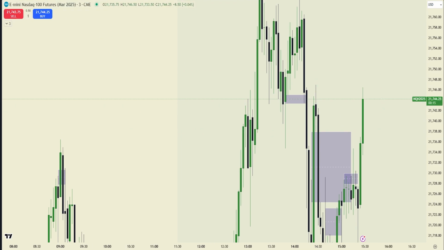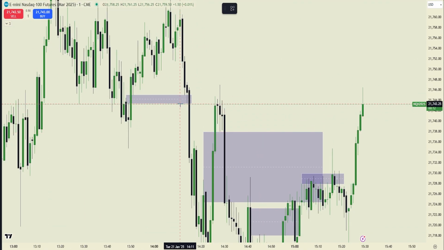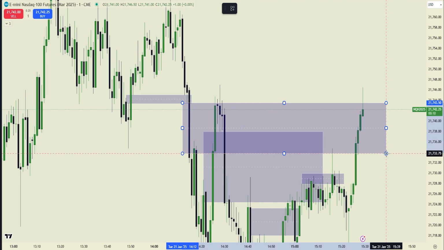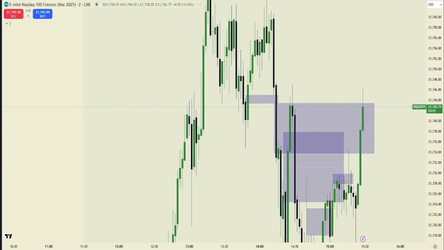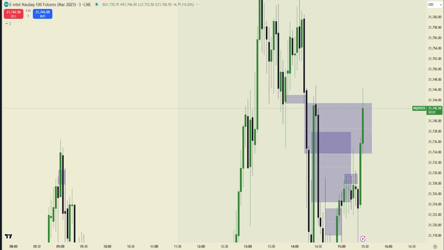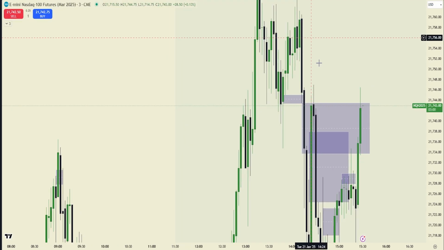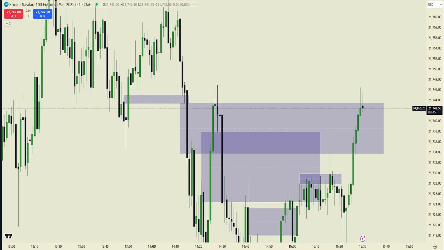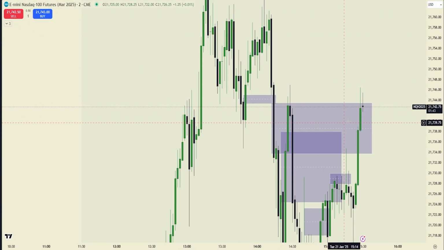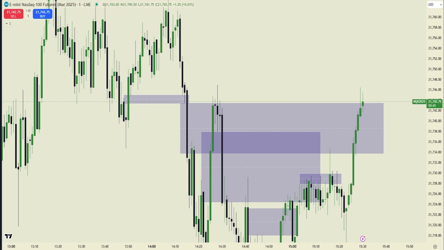By the way, we still haven't seen the 1 minute close over this gap here to the left, so I'd really like to see that get closed over also, but if we don't, the 3 minute's going to close. And there's the close. We still have not closed over that 1 minute gap there.